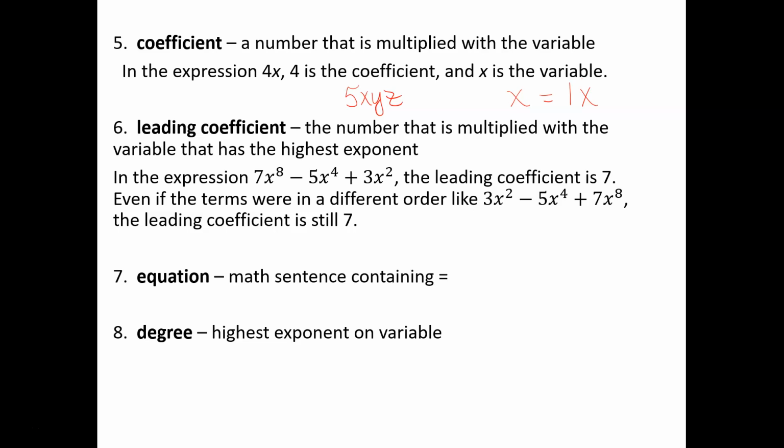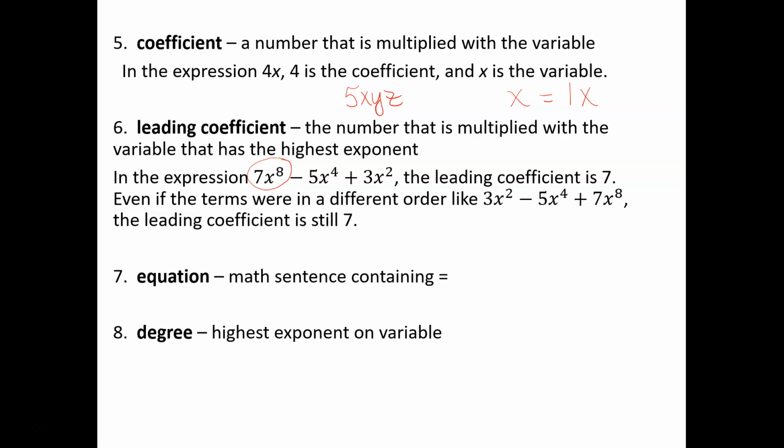Number 6, leading coefficient. This is the number that is multiplied with the variable that has the highest exponent. So look at this next expression. We've got an x to the 8th, an x to the 4th, and an x squared. Our highest exponent is the 8. And so that makes that whole term there our leading term.